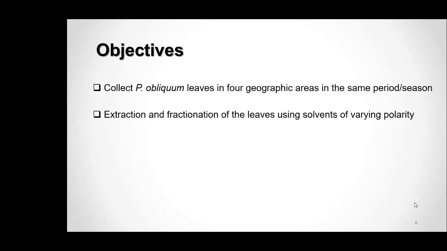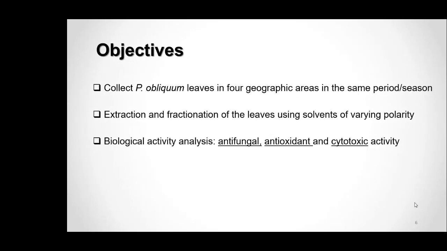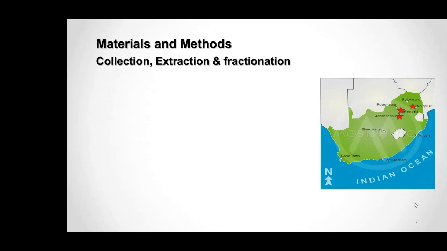Our extraction and fractionation of the leaves was done using solvents of varying polarity. In terms of our biological activity, we managed to analyze the antifungal, antioxidant, and the cytotoxic activity. Next one. We can move on.